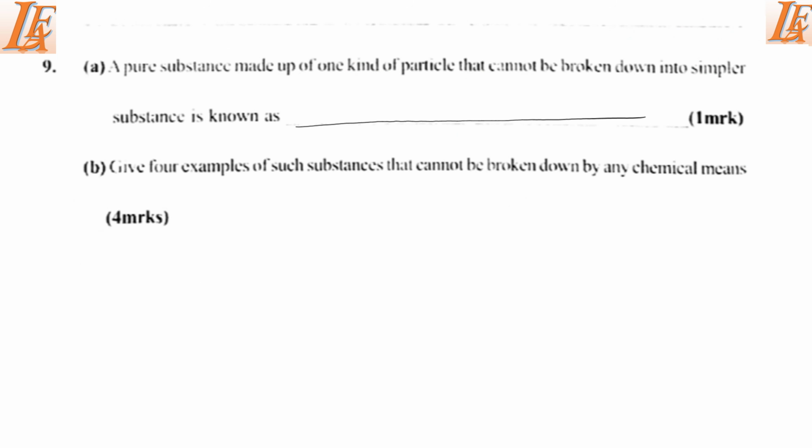Then question 9, a pure substance made up of one kind of particles that cannot be broken down into a simpler substance is known as, let's look at the question again. A pure substance made up of one kind of particles that cannot be broken down into a simpler substance is known as, this is a definition of an element.